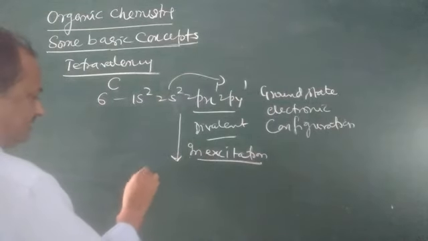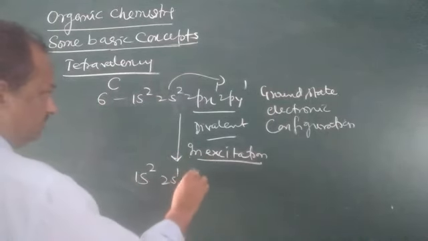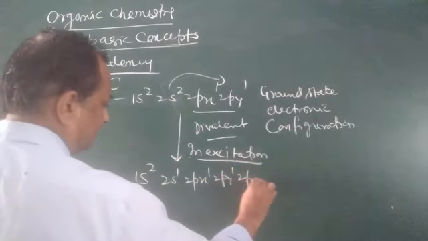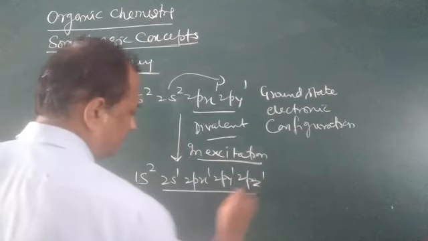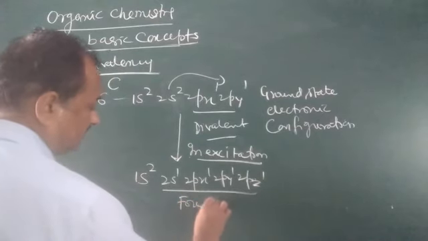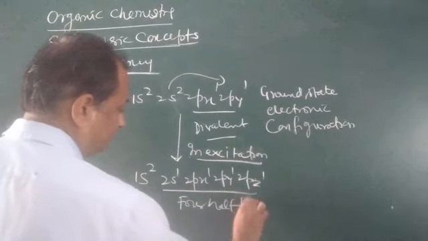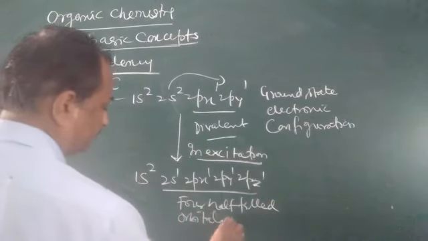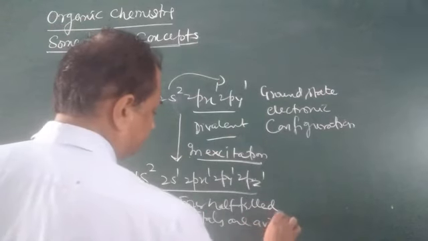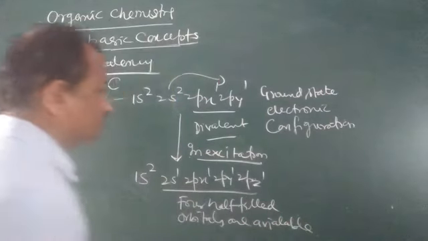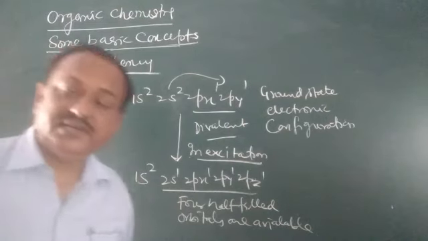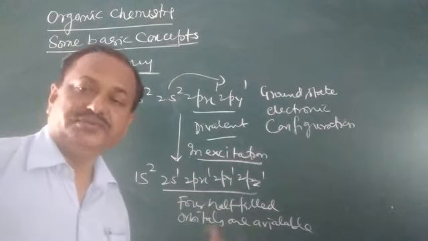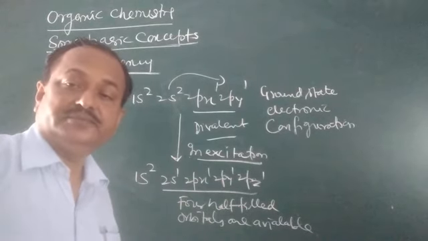So it is like this: 1s2, 2s1, 2px1, 2py1, and 2pz1. So see here, four half-filled orbitals are available, and so this explains the tetravalency.